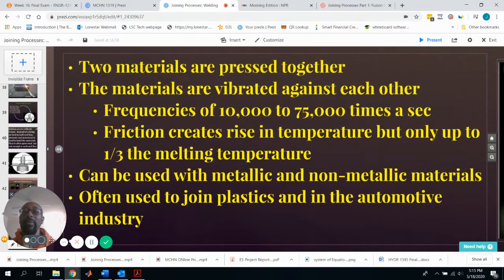So that's extremely high frequencies. So you have friction that creates rising temperature, but again, it's not enough to melt them together. What's causing that bond is going to be the pressure and then also the movement. So this is unique because it can be used with both metallic and non-metallic materials, and you see it oftentimes to join plastics together in the automotive industry.